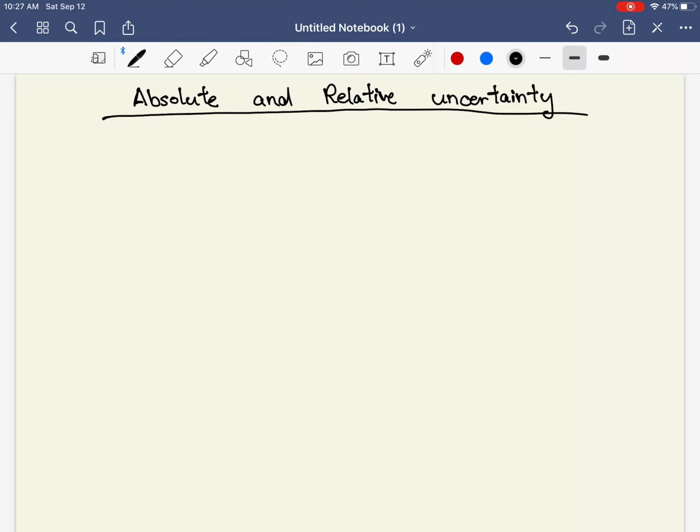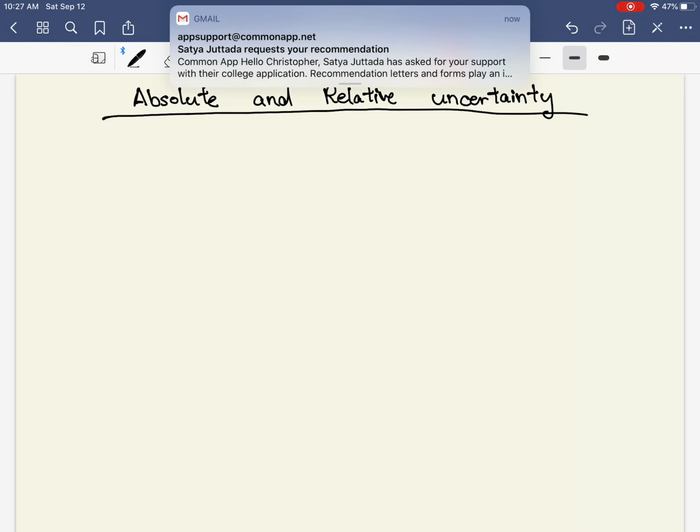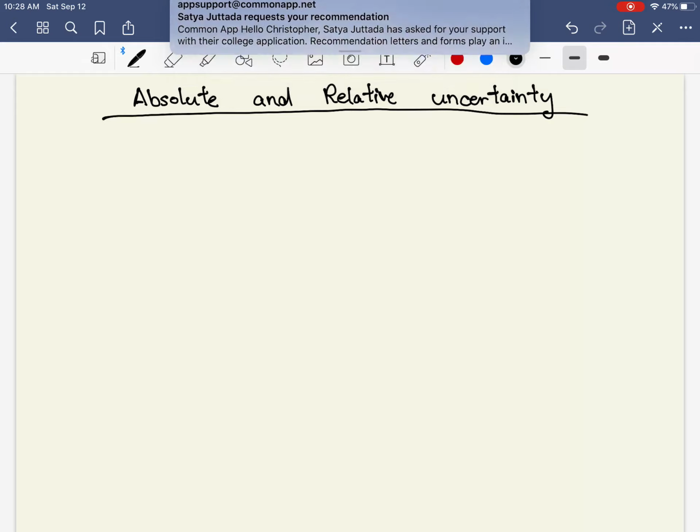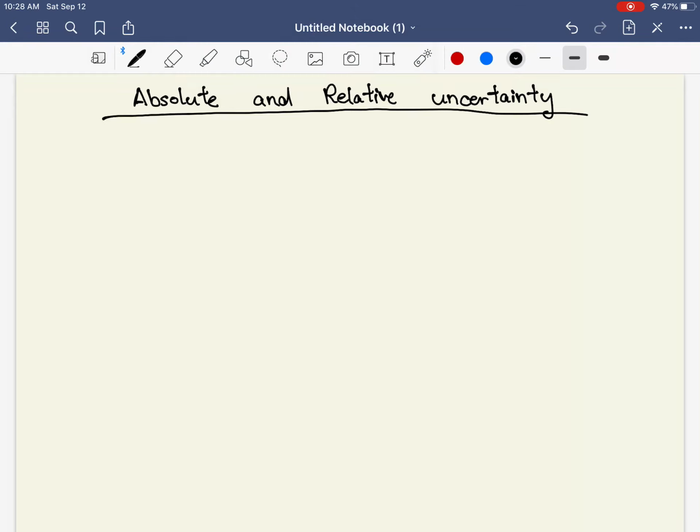Well, when you're doing an experiment and you're using some sort of instrument, like we said last time with significant digits, there's a certain uncertainty in every measurement that you make. Whatever you think the volume is, it's not always dead on. So let's say the bottom of a meniscus is 3 milliliters.